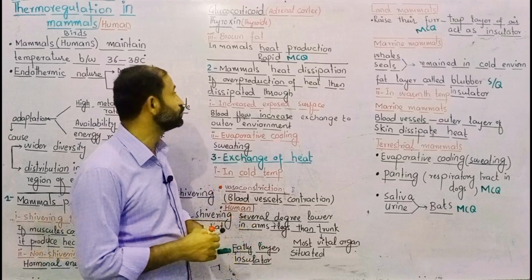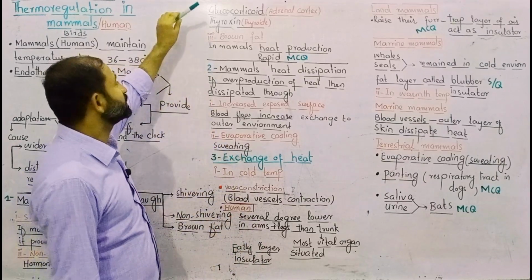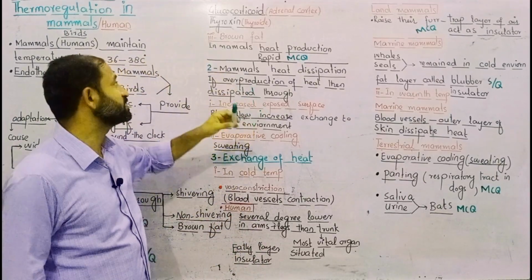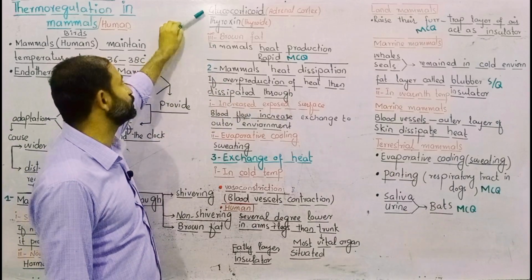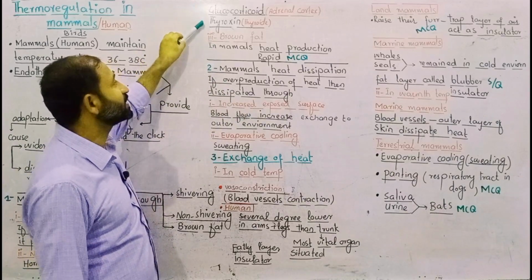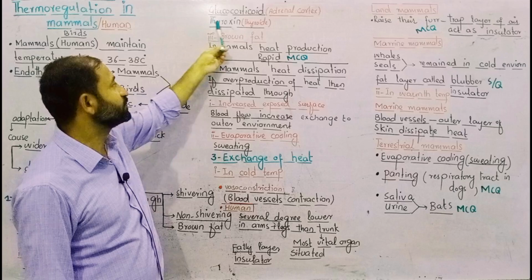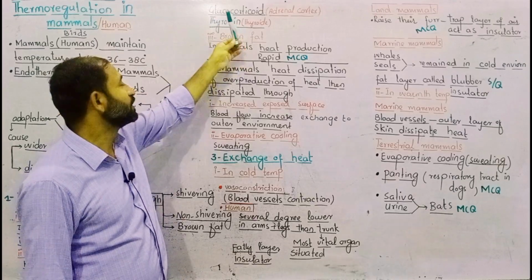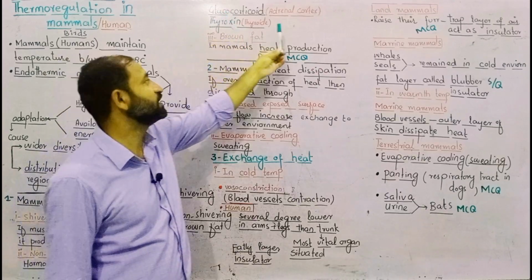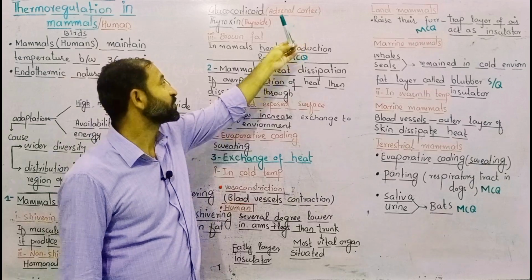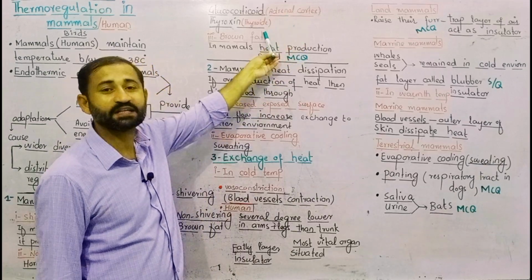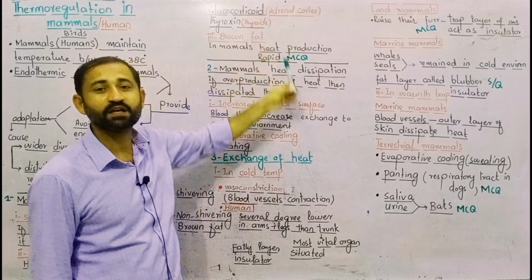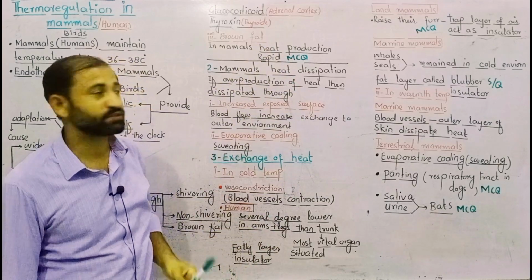Add some extra to your topic: for the hormonal production of energy or heat, there are 2 different hormones, glucocorticoid and thyroxine. Thyroxine is released from the thyroid gland, whereas glucocorticoid is released from the adrenal cortex. So the adrenal cortex and thyroid gland are responsible for non-shivering thermogenesis.